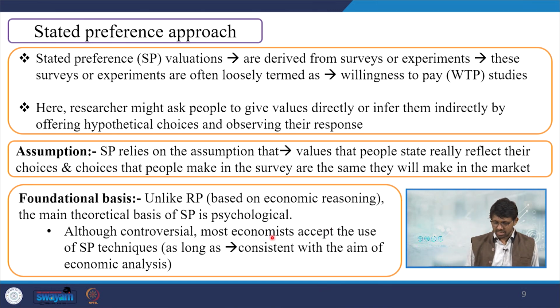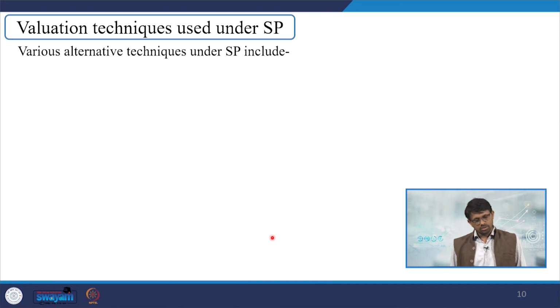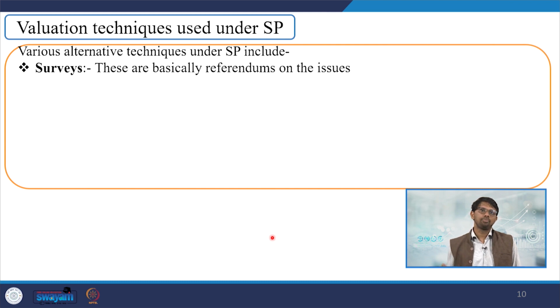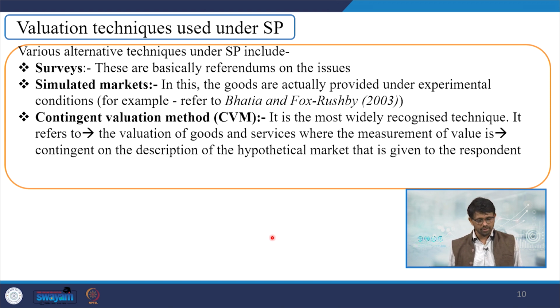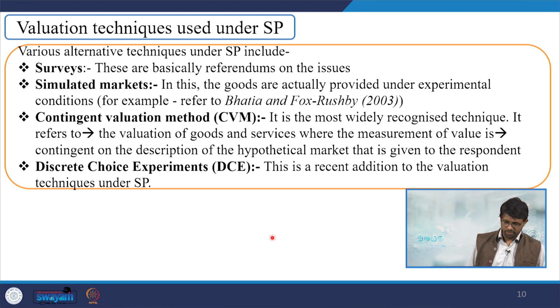So, this is accepted by most studies. The valuation techniques used for stated preference broadly include the survey method, simulated market method, contingent valuation method, and the DC method or discrete choice experiment.